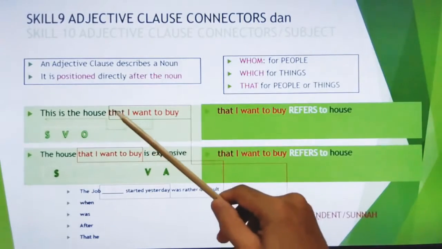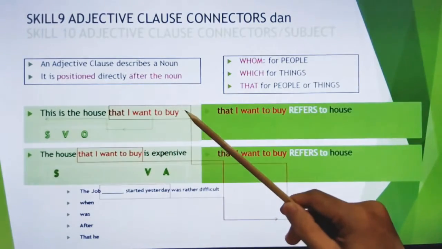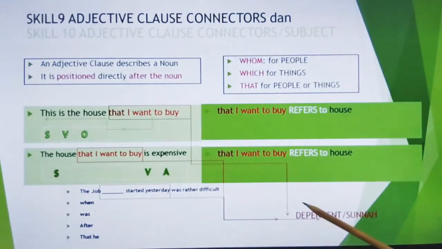This one is identified as a dependent clause, or in Islam, sunnah. So it is just optional, boleh ada, boleh tidak.